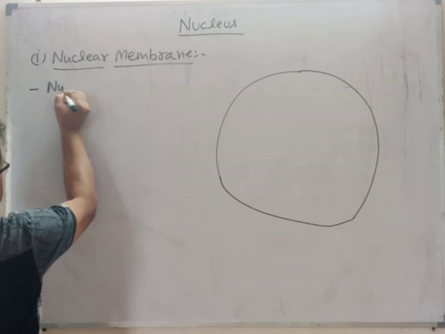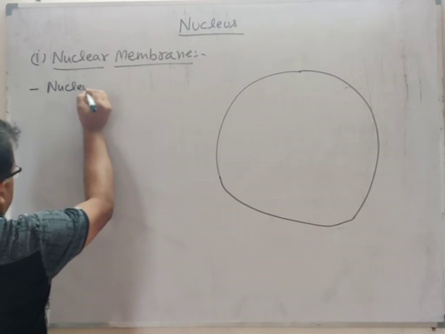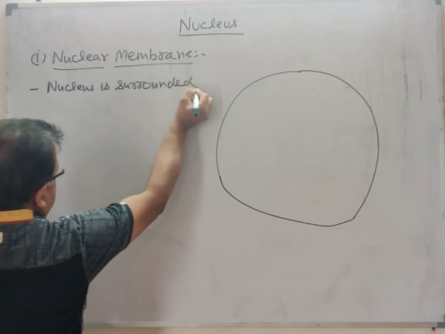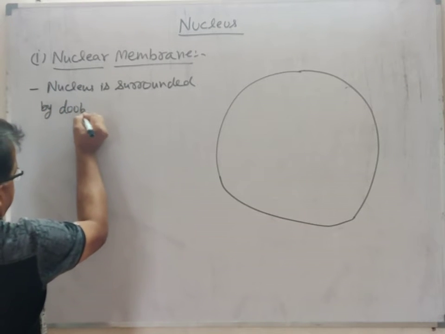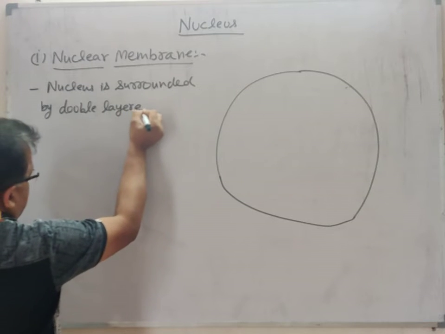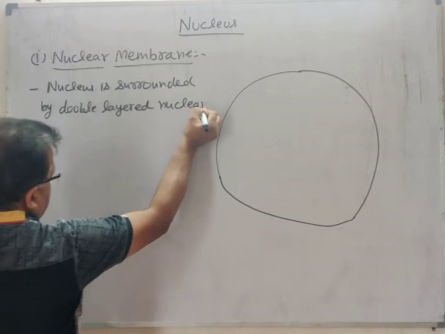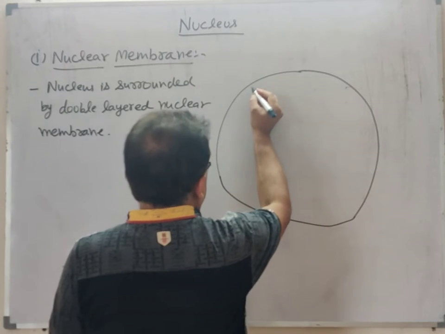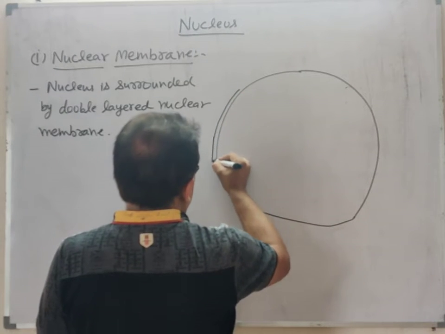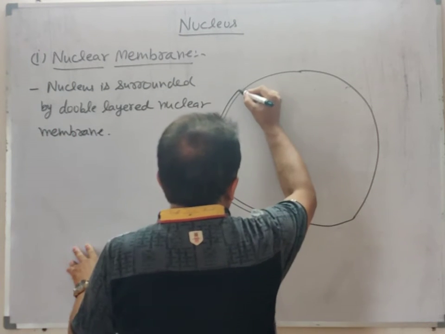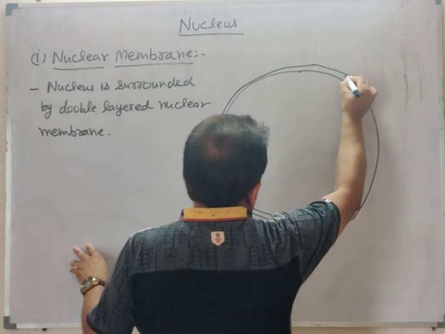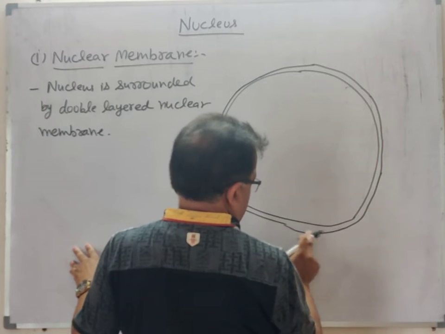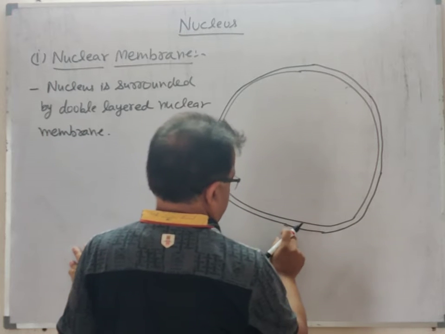Nucleus is surrounded by double layered nuclear membrane. So nuclear membrane is double layered.